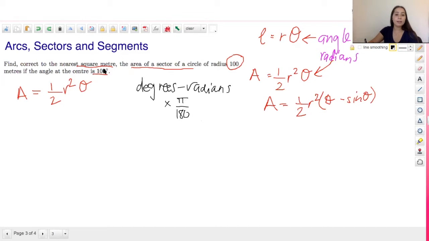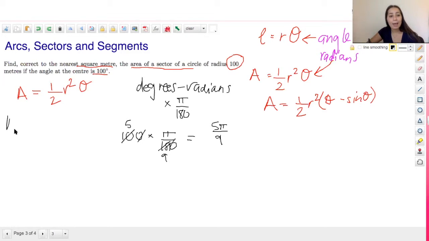So to convert this 100 degrees to radians, you must do 100 times pi over 180. And what you're left with is 5 pi over 9. Those cancel, and you can divide these each by 2, and you're left with that. So this is now our angle in radians, and so we can simply sub it into the formula now.